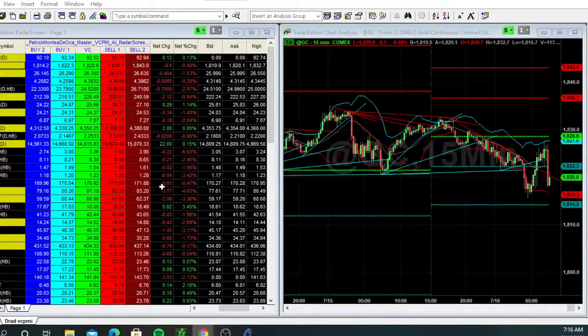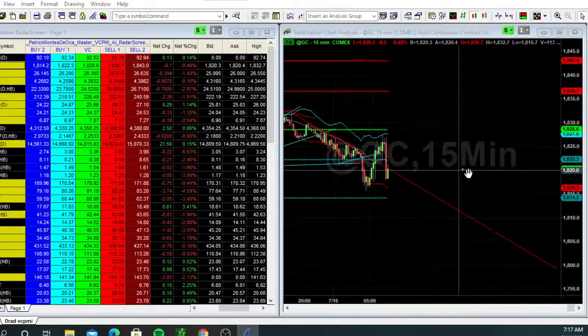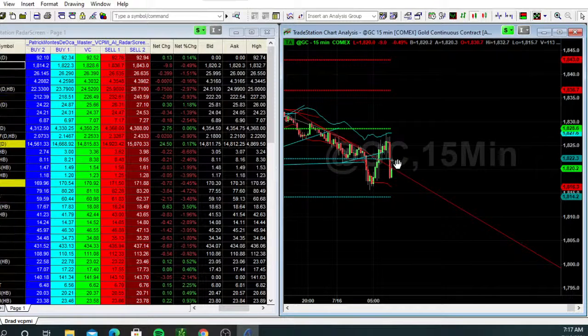We're looking at support here at this level, so continue to hold on and look for the path of least resistance from these levels, which is essentially that the market should revert back up above 1822.